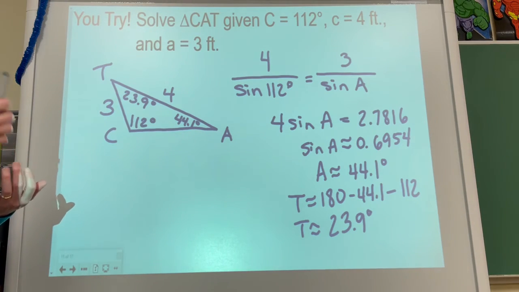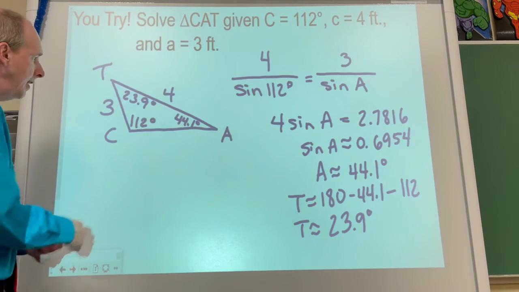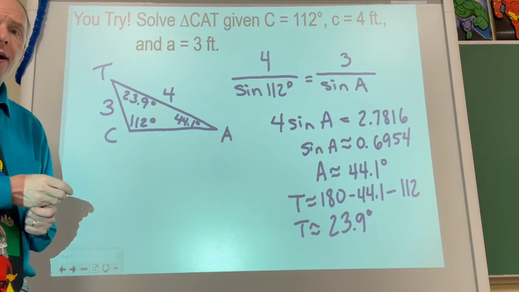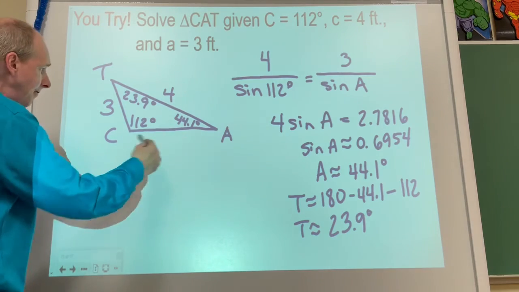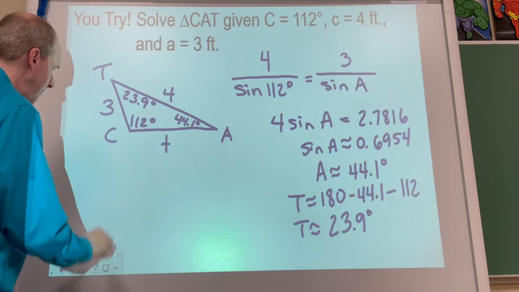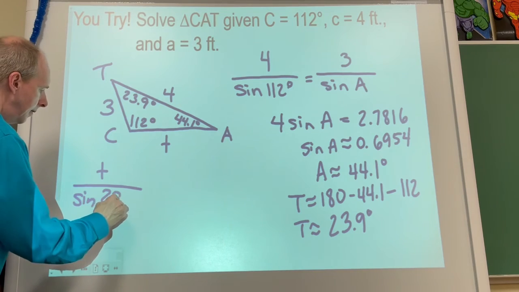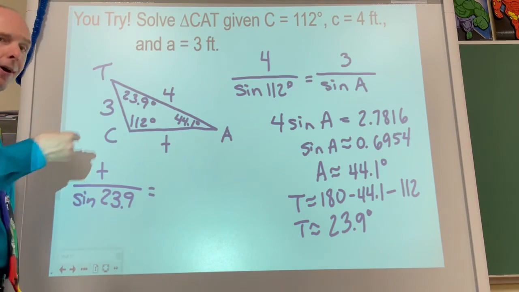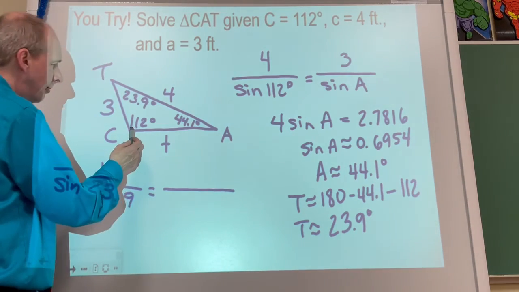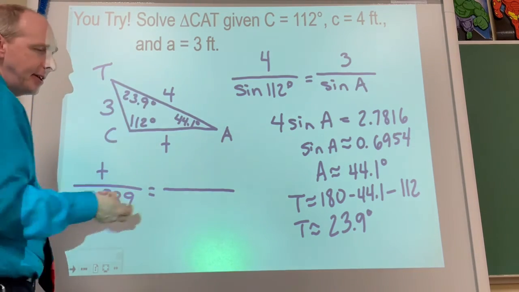So we need to do law of sines once more using this side and this angle. And then we could pick either of the 3 and the 44.1 or the 4 and the 112 to do the other side. But I have to have this missing side, little baby t, over angle t equal to one of the other sides with its respective angle. Doesn't matter which one. I'll just start with the one I was given, because maybe, just maybe, I goofed up and, you know, it's going to get even worse.